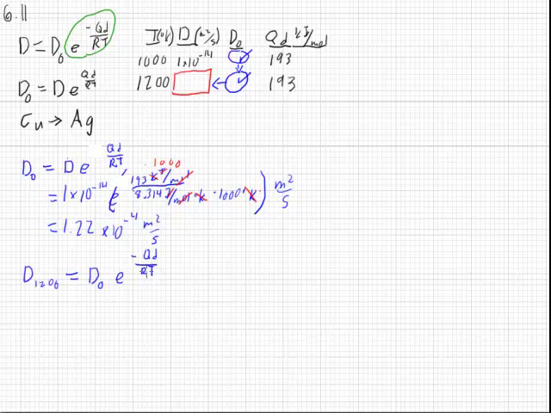R is going to be the same, 8.314 joules per mole degree Kelvin, and the temperature this time is going to be 1200 degrees Kelvin.